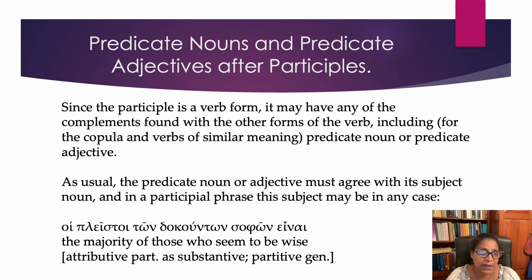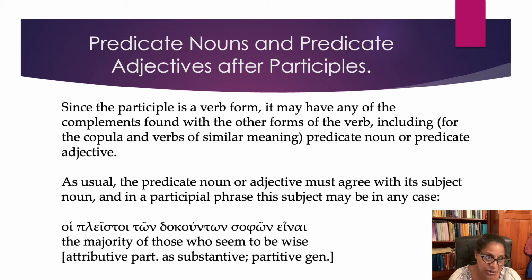All right. Now again, because the participle is a verb, it can do things that verbs do. That is, it can take objects, because if the verb takes an object, then the participle can take an object. And if it's a copular verb, that is a verb like to be or to become, to seem, etc., then it can also take a predicate noun or predicate adjective. And of course, it then has to agree with whatever case, number, and gender the participle happened to be in. All right, so here's a good example. Hoi pleistoi ton dokounton sophon einai.